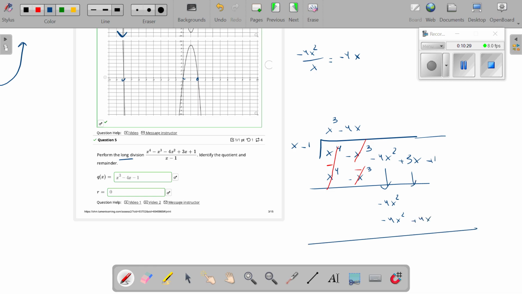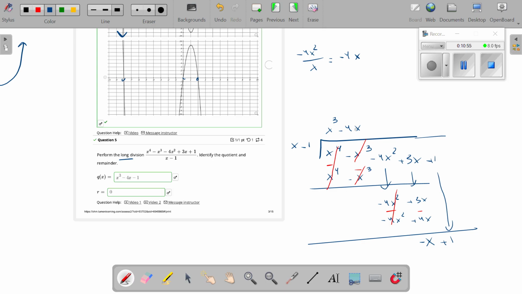Now I can bring the other one down as well because I already have a 4x here, so I can combine them together. Now subtract. Negative 4x squared minus negative 4x squared cancel. 3x minus 4x will be negative x. Now I'll bring the next one down. Now divide first term by the first term.